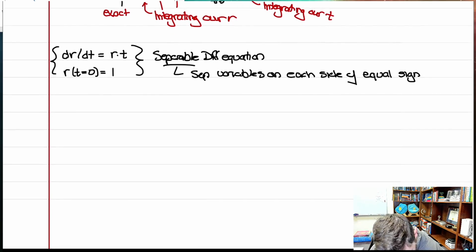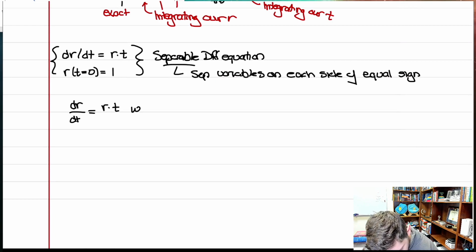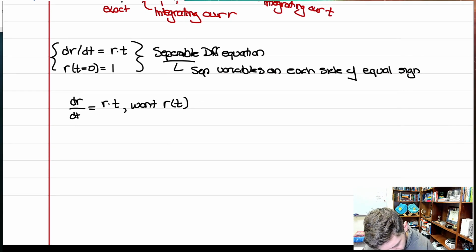So again, in this case, treating the derivative as a fraction, dr divided by dt equals r times t. I want r as a function of t. First thing I can notice is that I can get all the r's to one side by dividing by r, and I can get all the t's to the other side by multiplying by dt.